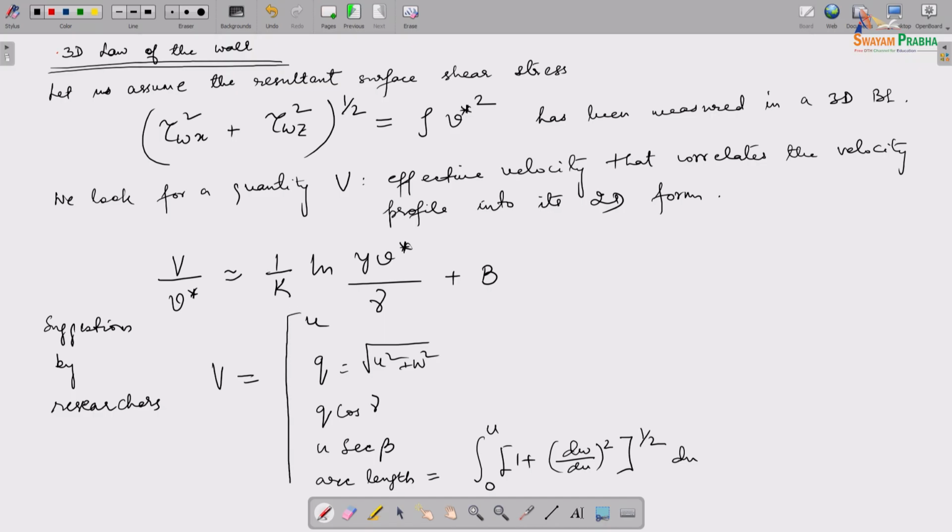So, these are the ones: 1, 2, 3, 4 and 5. So, we basically have 5 suggestions for this V from various researchers, okay, and I am going to represent that physically.